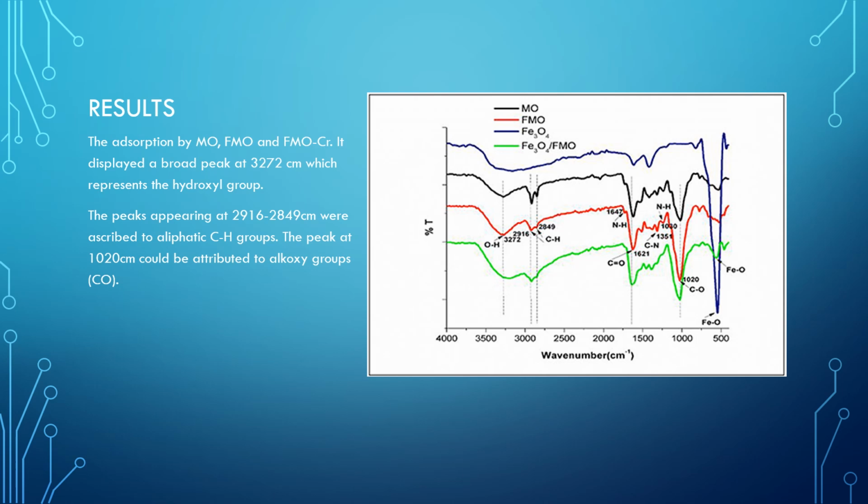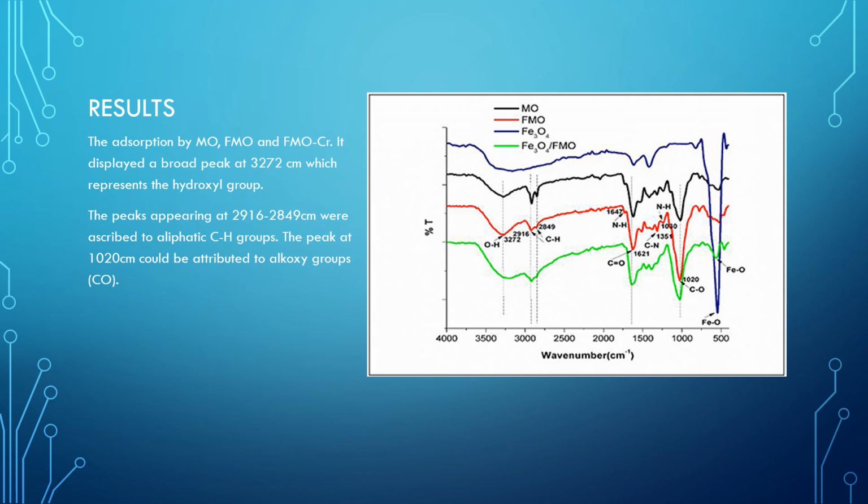The adsorption bands of Moringa oleifera were maintained in the FMO, therefore showing that after the modification with amine groups, the Moringa oleifera structure was not disintegrated.